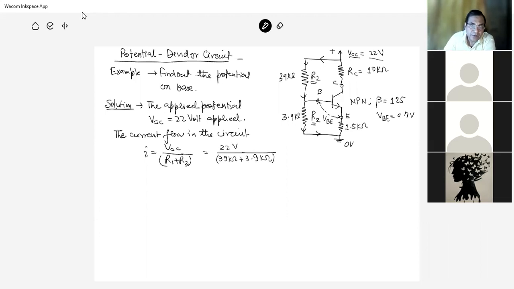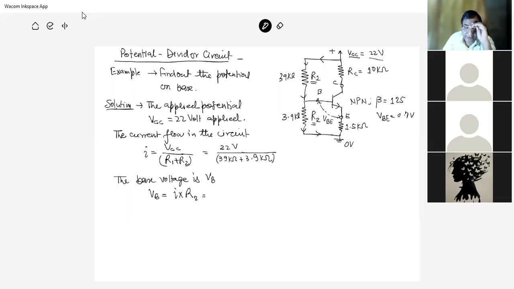So the base voltage is VB, and this VB is equal to I into R2. R2 is this voltage.